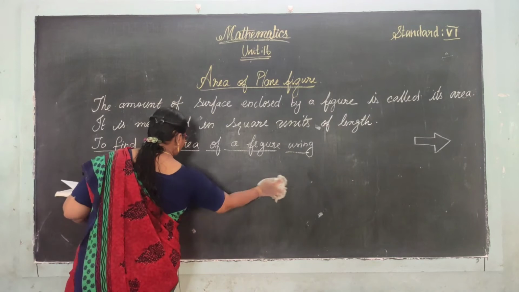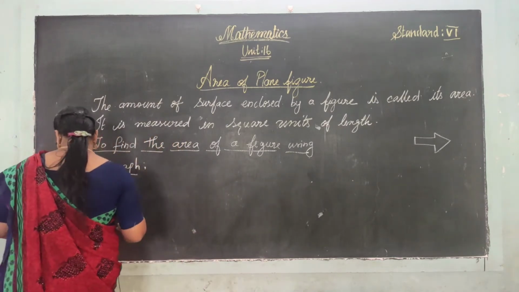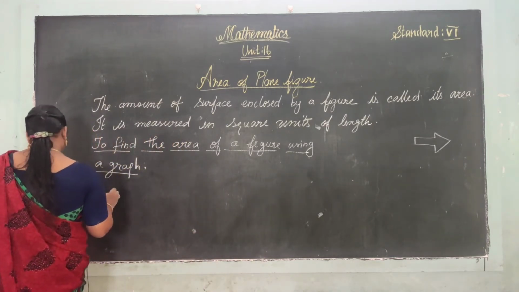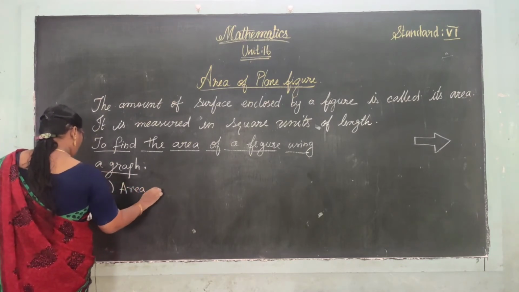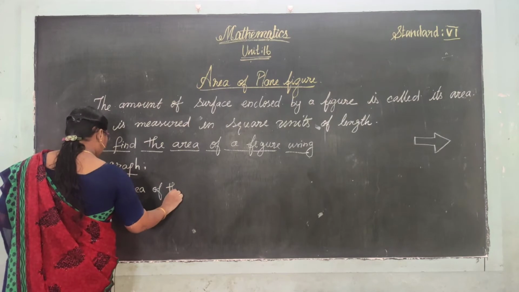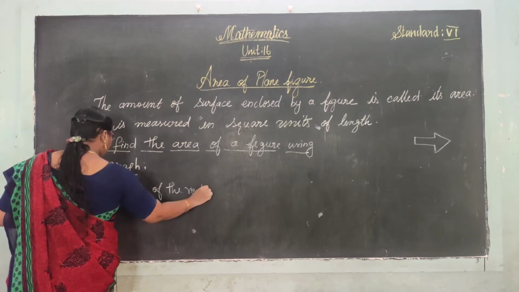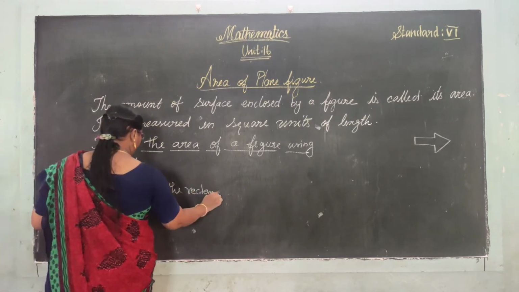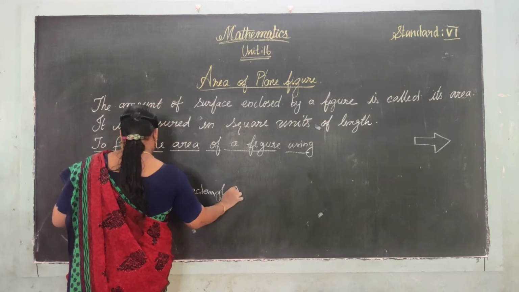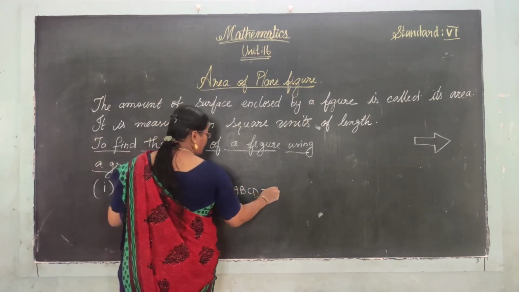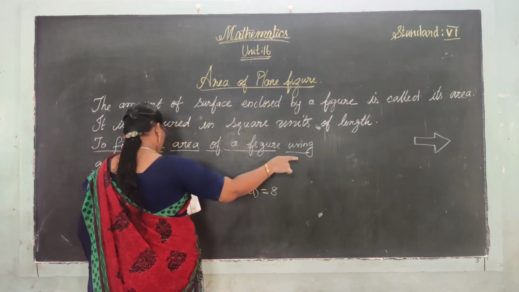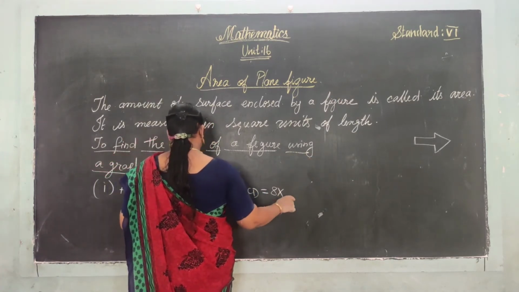First one, area of the rectangle A, B, C, D is equal to how many boxes are there? 8 boxes, into area of the square.